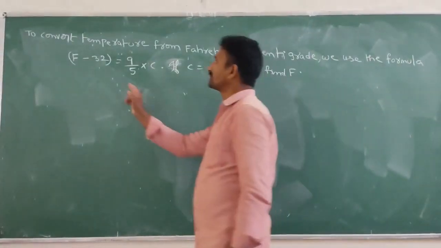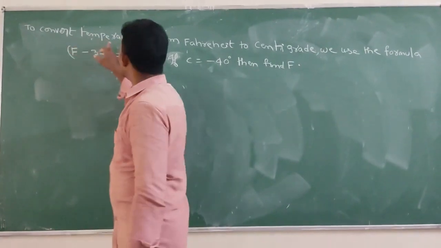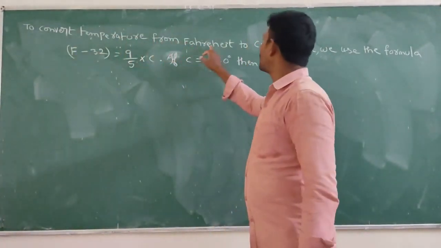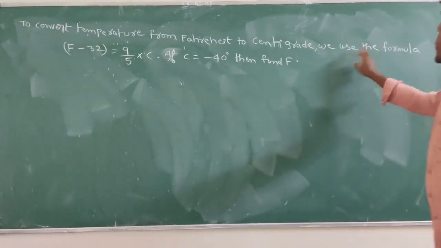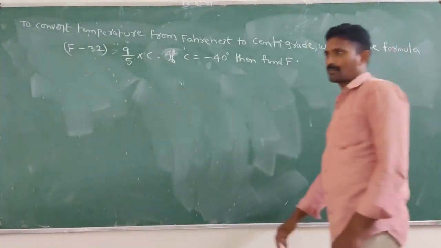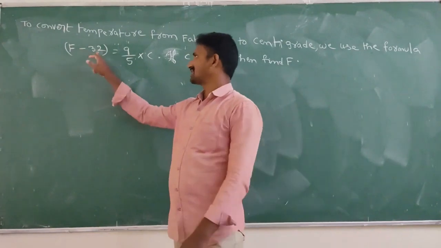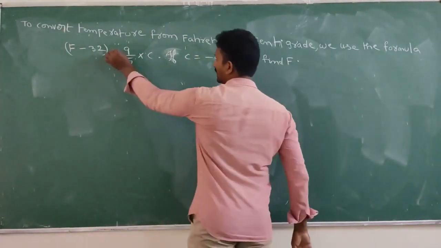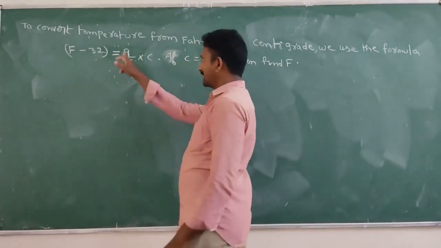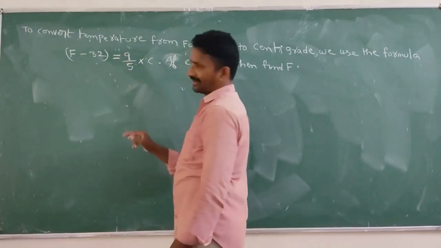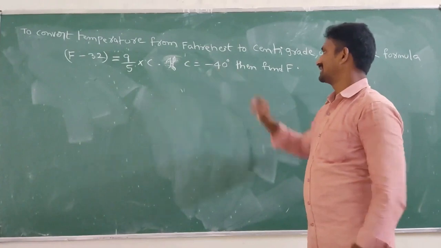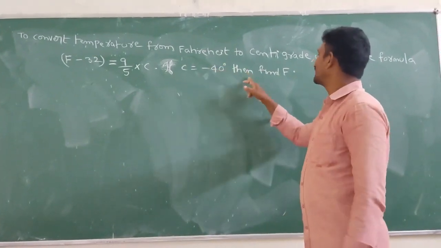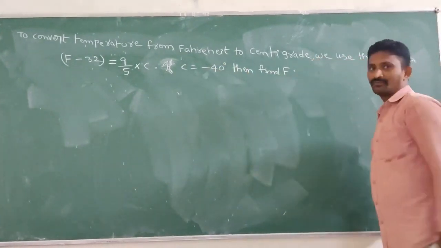Another problem. To convert temperature from Fahrenheit to centigrade, we use the formula F minus 32 equal to 9 by 5 into C. If C is equal to minus 40 degrees, then find the F value.